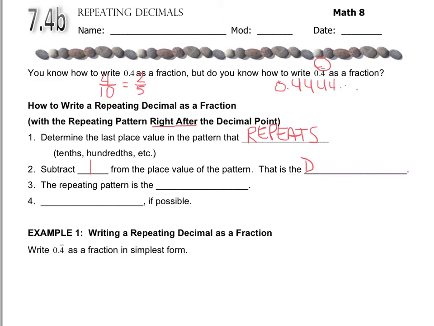That is my denominator. The repeating pattern, so just the pattern that's repeating or under the repeating bar, is the numerator. And then we simplify if possible.